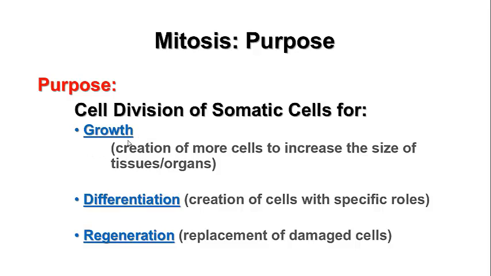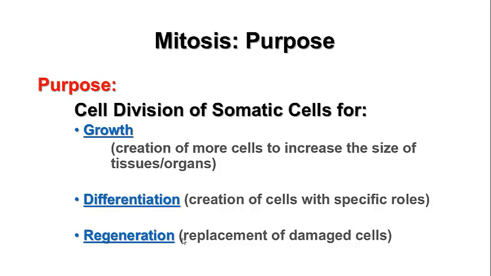So for the total purposes of this type of cell division, we have growth. How do we get from one single cell, the zygote, to 100 trillion or so cells? That requires a whole lot of growth. Within the process of growth, you have a lot of differentiation, cells taking on more specialized roles, and then sometimes those cells become damaged and they need to be replaced.